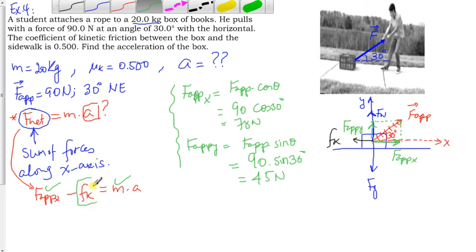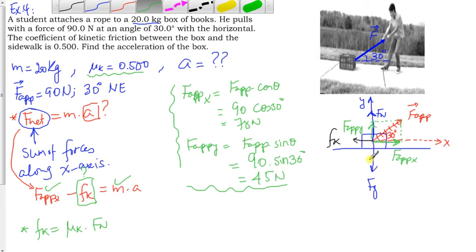Now Fk is not here. How can I find Fk? Remember that I have this coefficient of friction, and I know that Fk is equal to mu k times Fn. So I know mu k. If I find Fn, then I can find Fk. Now how can I get Fn? Fn has to be calculated from the y direction.